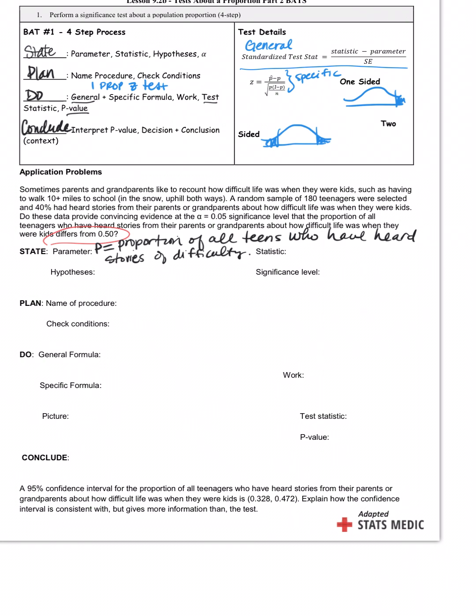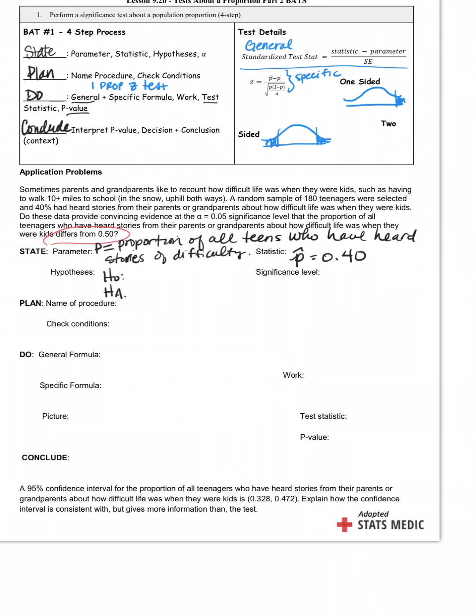I'll leave it at that. Who've heard stories of difficulty. Okay? All right. Did they give us a statistic? It says a random sample of 180 teenagers were selected and 40% had heard the stories, right? Okay.